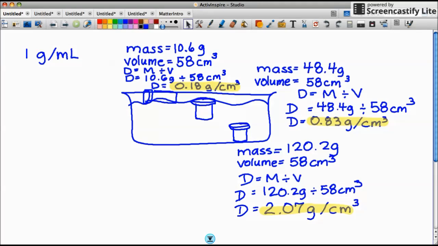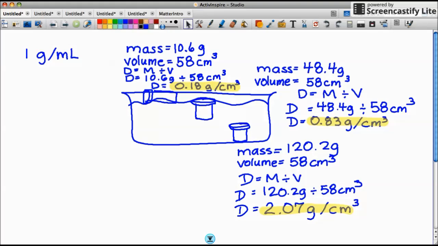Yeah, there is a knack to it. You have to hold your body a certain way. You have to arch your back a little, because you'll float, but your face will go under a little bit because your density is closer to this. It's close to 1, but not quite 1. So our body's density, if we calculated it, would be close to 1, because we float, but we don't float on top.